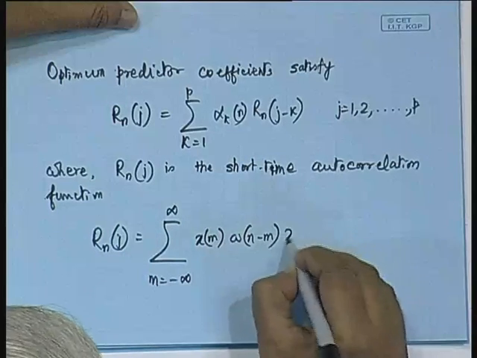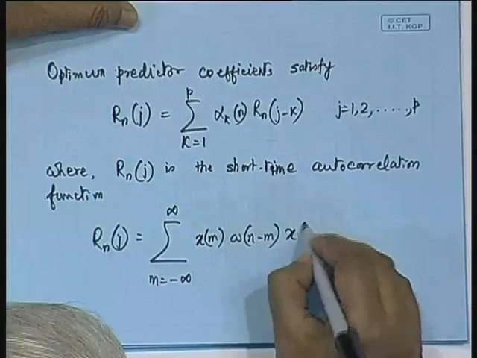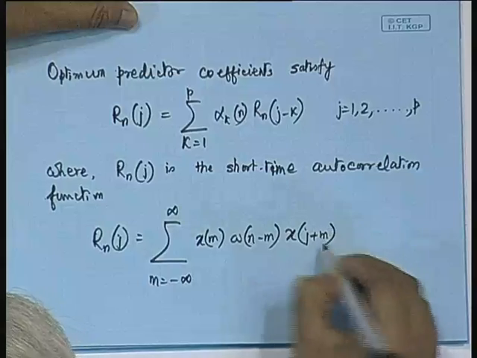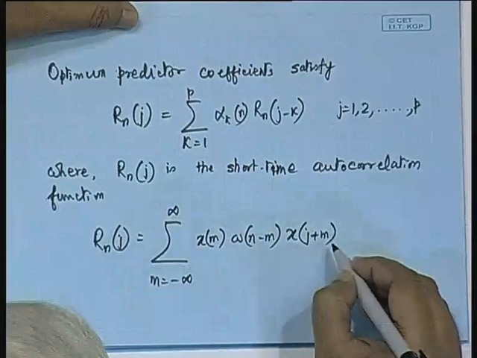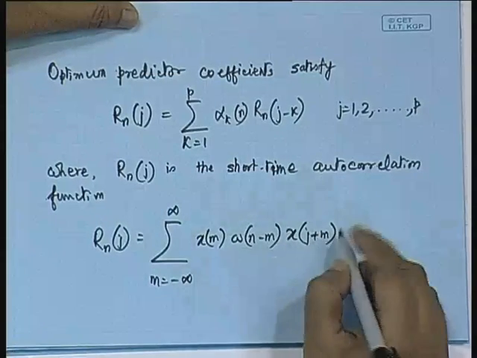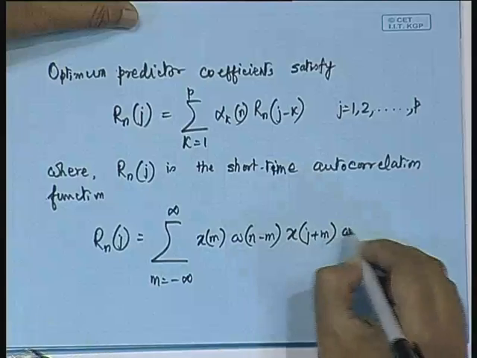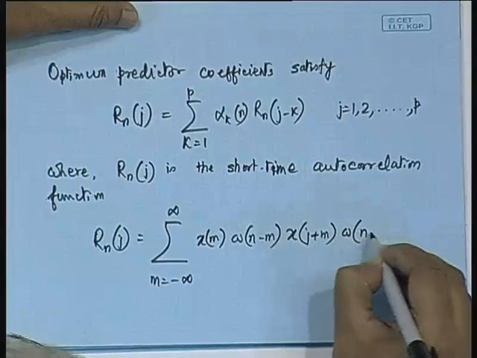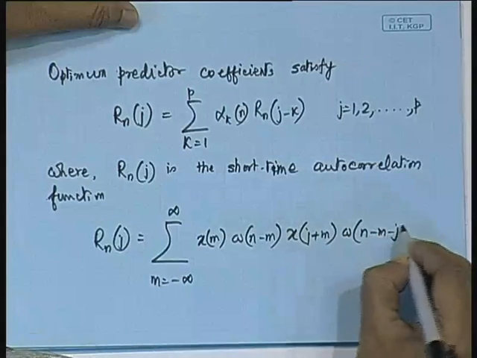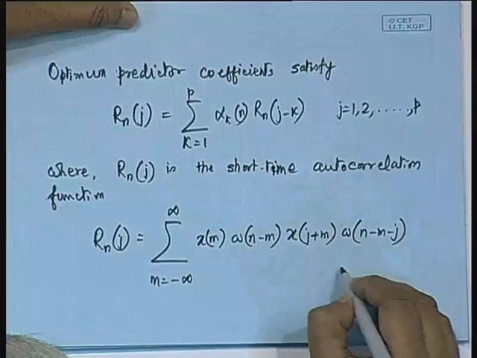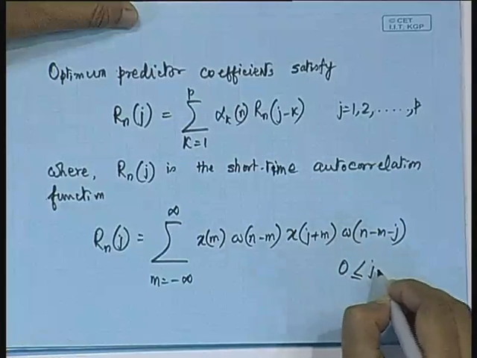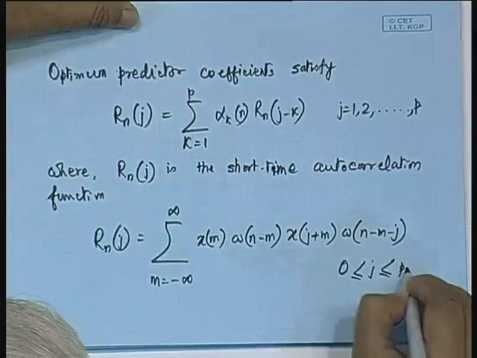This is multiplied by x of j plus m, which means you are taking the signal with a lag of j and then multiplying by w of n minus m minus j, for 0 less than or equal to j less than or equal to p.